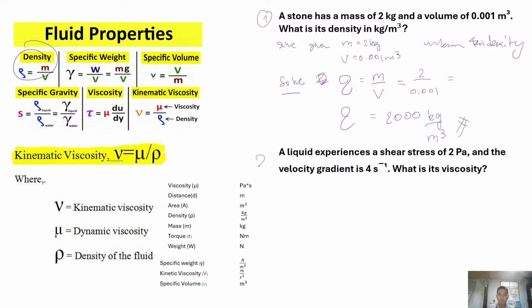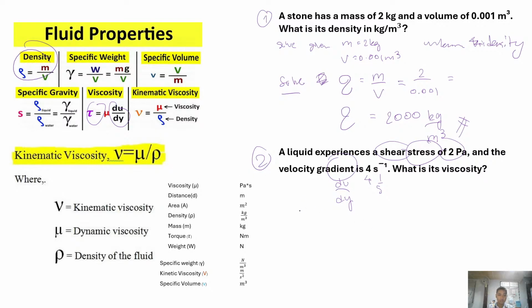And for the second one: a liquid experiences a shear stress of 2 Pa, and the velocity gradient is 4 1 over second. What is its viscosity? So they give us the shear stress, 2 Pa, and the gradient. The gradient is du over dy, which is this one. They also give the shear stress, or the torque, basically, which is that one.